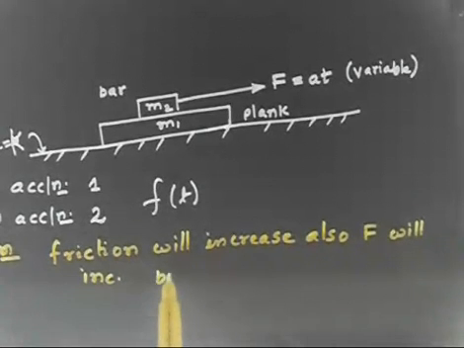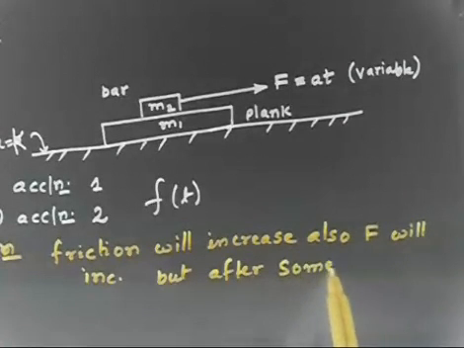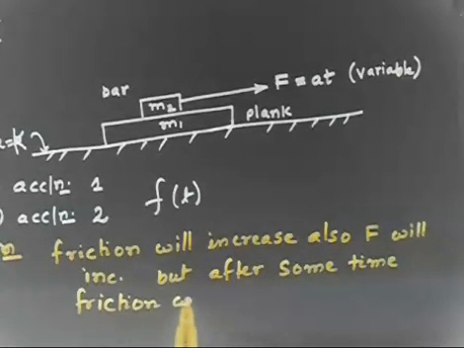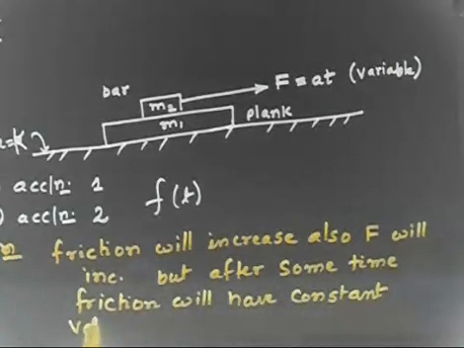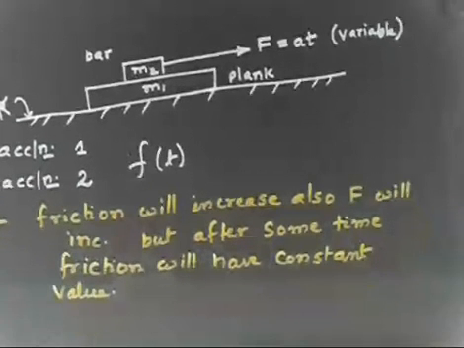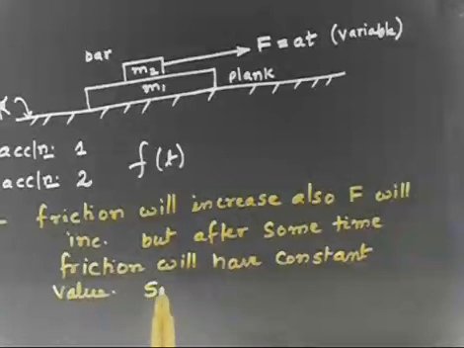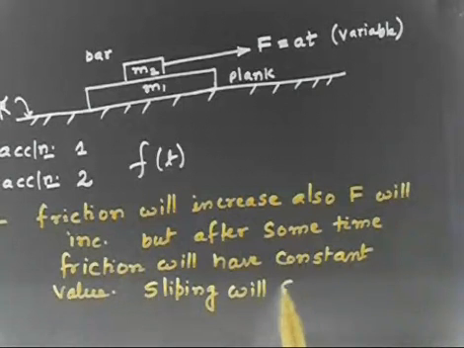But after some time, friction will have a constant value. Now if friction is constant at this point of time, what will happen? This force keeps increasing and the friction is constant, so this block will slip. So at this point, slipping will start. This is an important point.